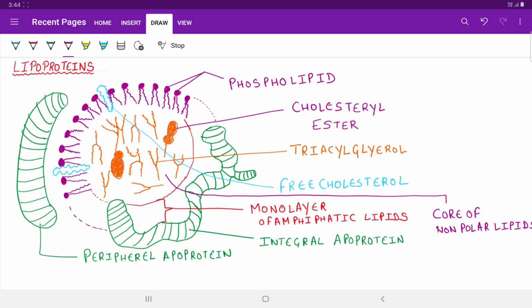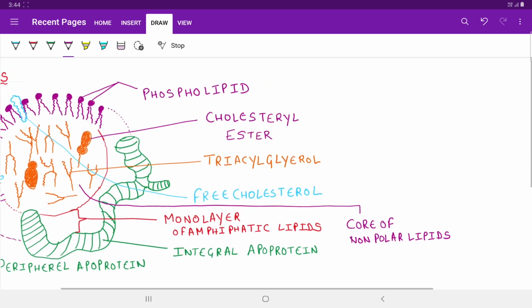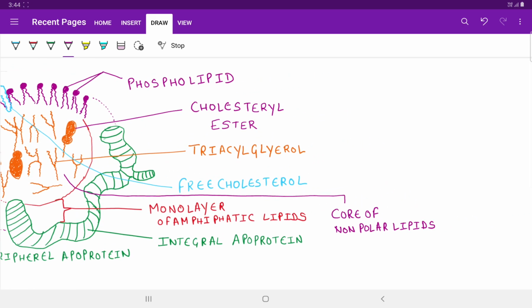Lipoproteins are molecular complexes that consist of lipids and proteins. So I think from the name it is clear that these contain lipids and proteins. They function as transport vehicles for lipids in blood plasma.